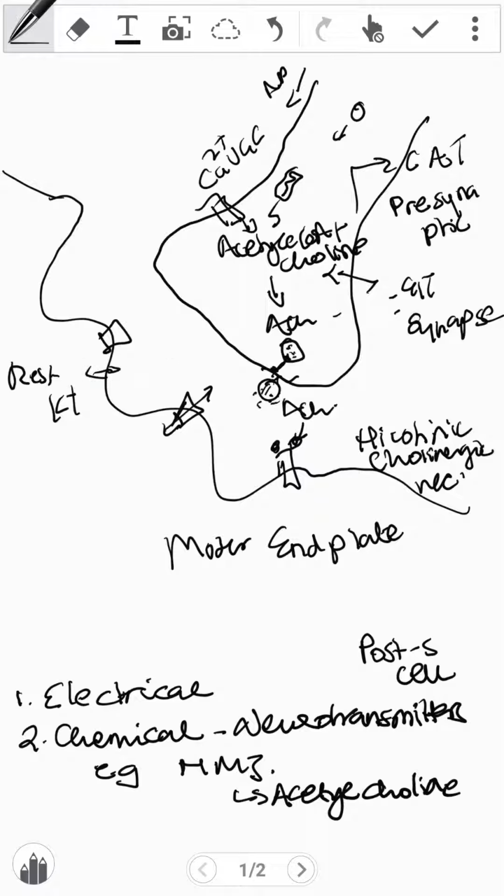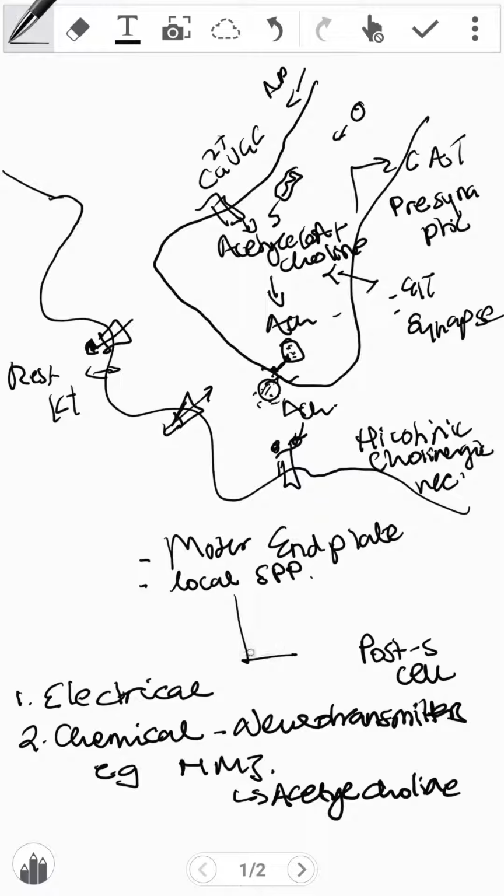So what will be allowed to pass more is the sodium, and as the sodium comes in, it creates a local depolarization. This local depolarization is noted as a local end plate potential. As sodium keeps on coming in, it will reach threshold.